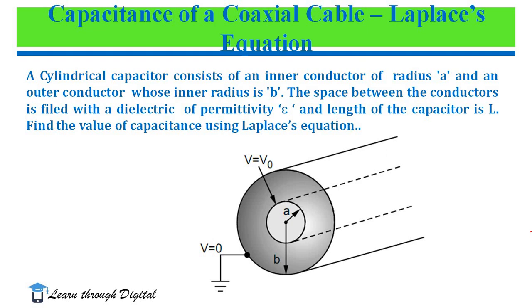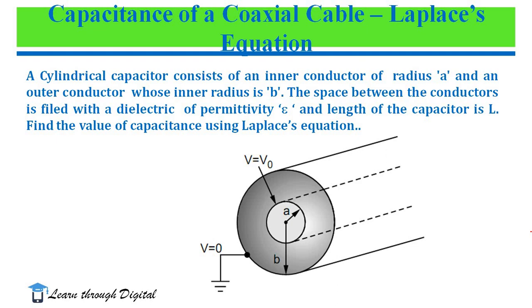Usually, in the statement itself, they mention the Laplace equation. If they ask generally to calculate the capacitance of a coaxial cable, the previous method is very simple. But here in this statement, they mention to find the capacitance using the Laplace equation.